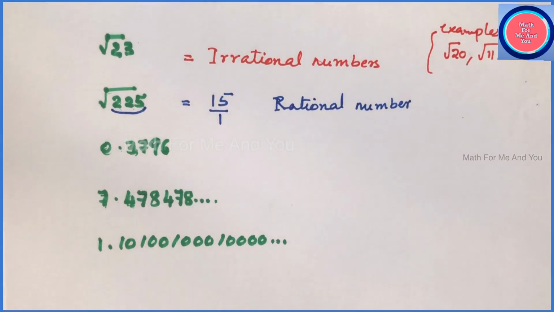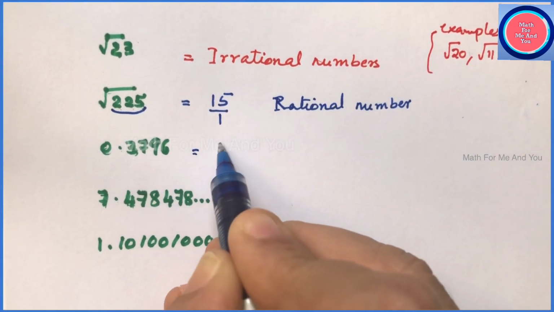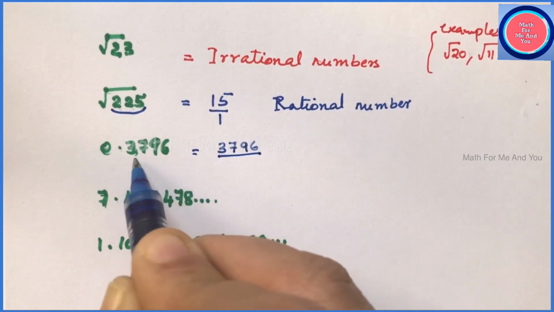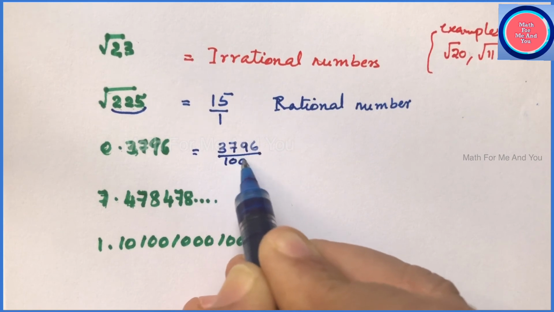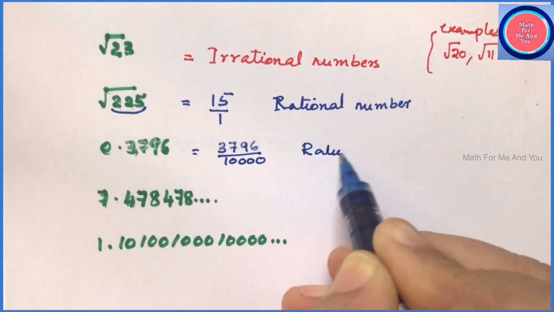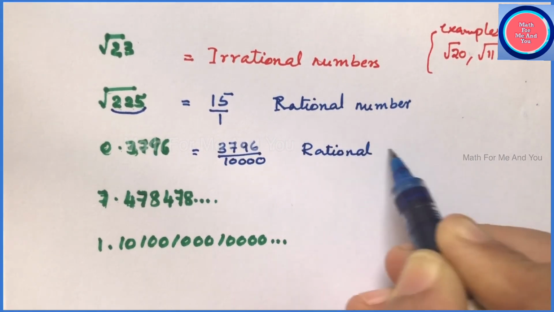So this is a rational number. If the under root number is a perfect square, then we can say it is a rational number. Next is 0.3796. This number is a decimal which terminates. A terminating decimal we can write in p by q form. So this is also a rational number.